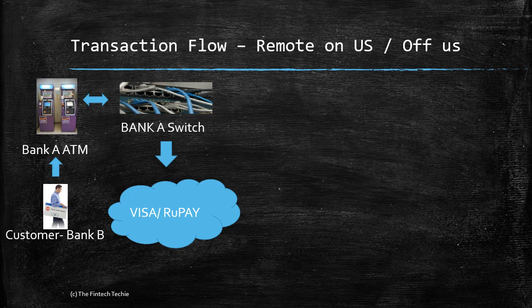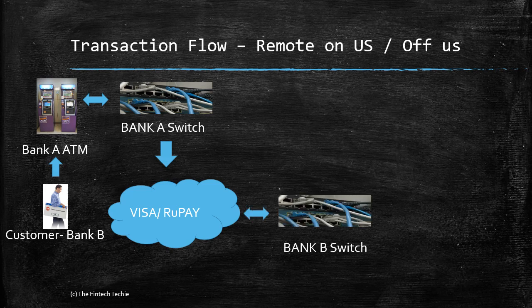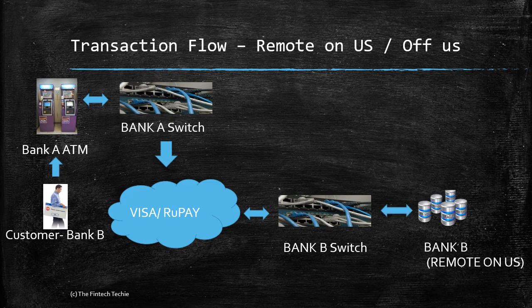Now Bank A, on recognizing that this card doesn't belong to Bank A, sends it to the network. The network could be a Visa or a RuPay network. The Visa switch then identifies that this card has been issued by Bank B, and it routes that request to Bank B. Bank B switch in turn sends it to Bank B's CBS, which treats it as a remote on-us transaction.